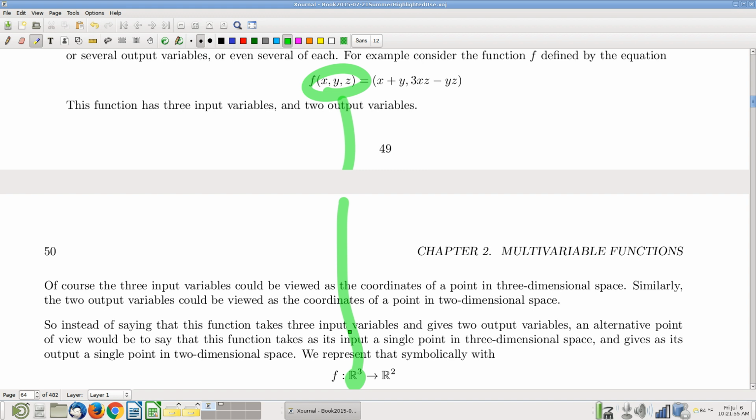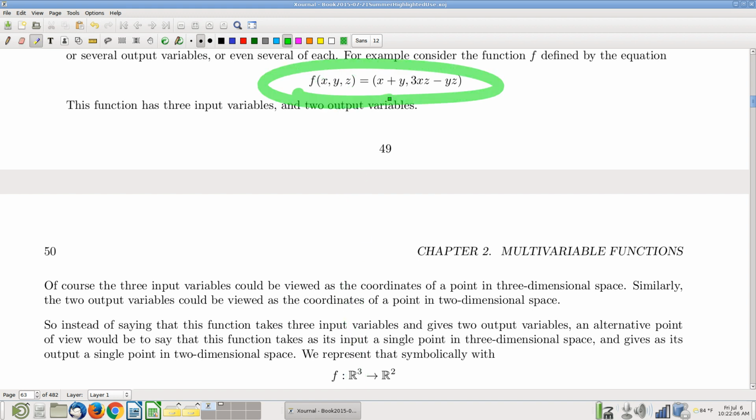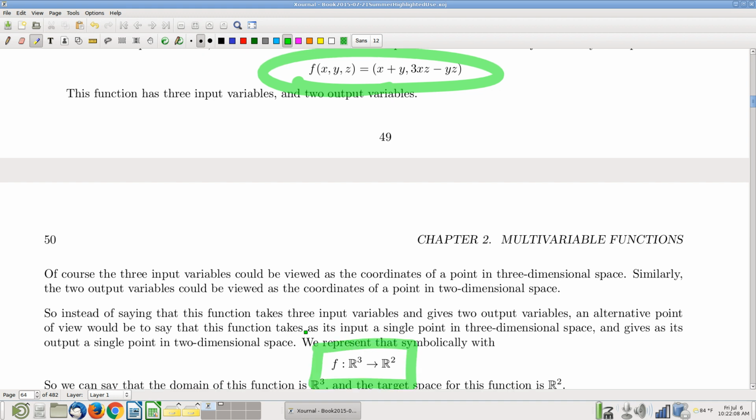Right, so instead of thinking of it as 3 numbers going in, let's think of it as a single point going in. So it's just a different way of thinking about it, but you can think of this function as being a function where 3-dimensional points go in and 2-dimensional points come out.